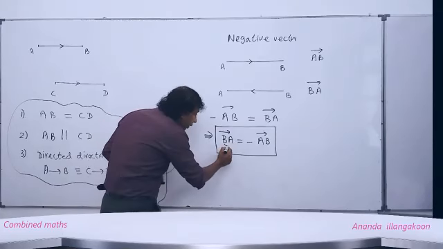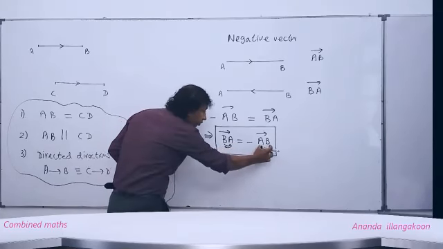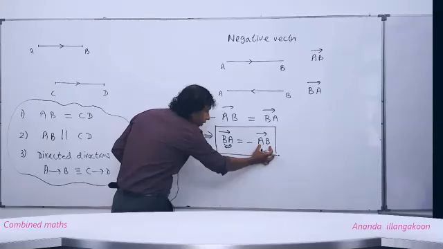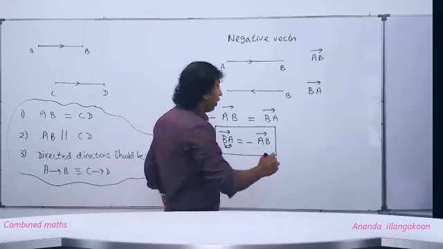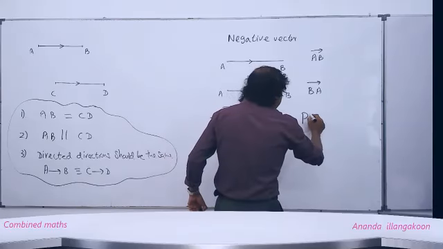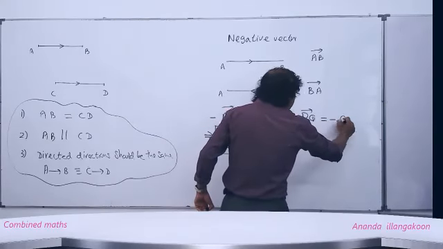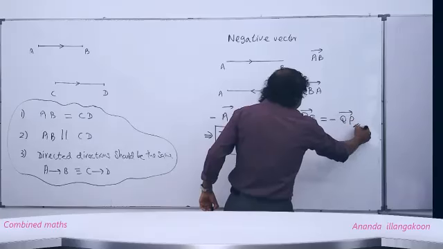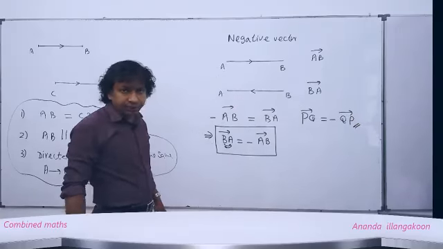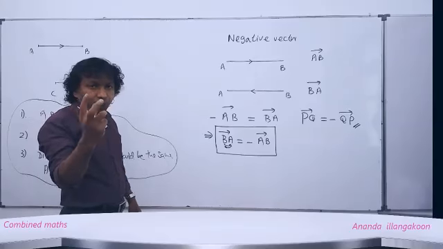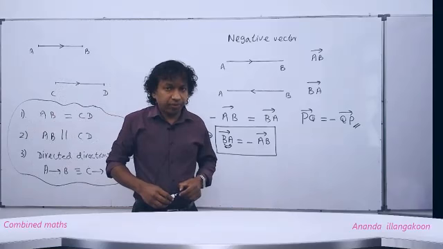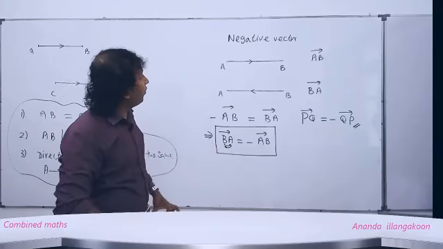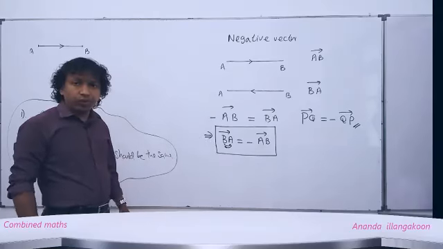Here these two letters are interchanged, that's how we got this. That means when we write PQ vector in another way, it is minus QP. So when we interchange the order of the letters, an extra minus sign comes. Remember that too. Right? So this is the first vector, the negative vector of a vector.